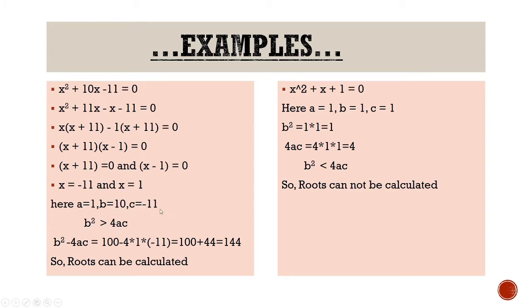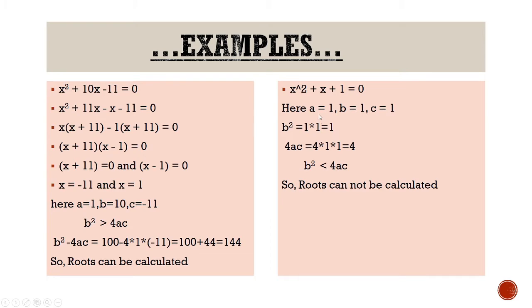If we calculate b^2 - 4ac, b^2 will be 100 and 4ac will be -44, so b^2 minus 4ac is 144. Here b^2 is greater than 4ac, so in this equation the roots can be calculated.